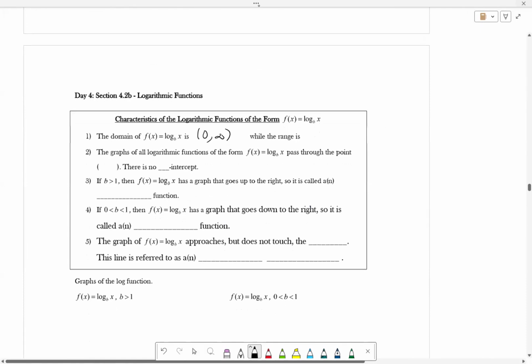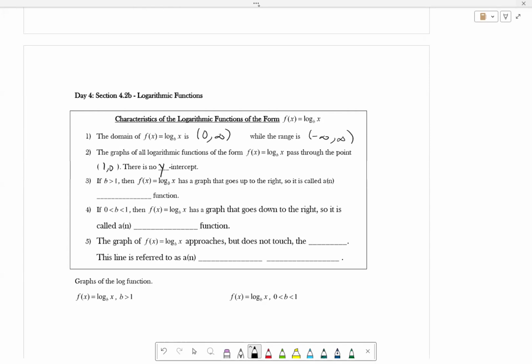The range is -infinity to infinity. The graphs of all logarithmic functions of the form log base b of x pass through the point. Exponentials cross through 0, 1. So logarithmic cross through 1, 0. There is no y-intercept.